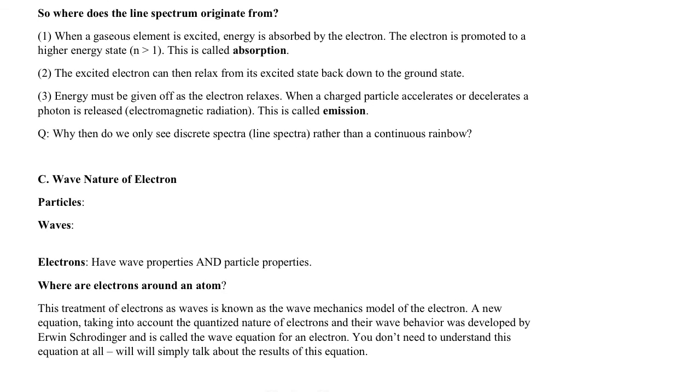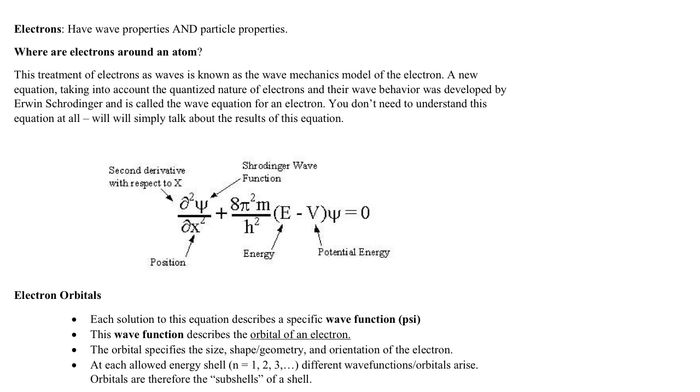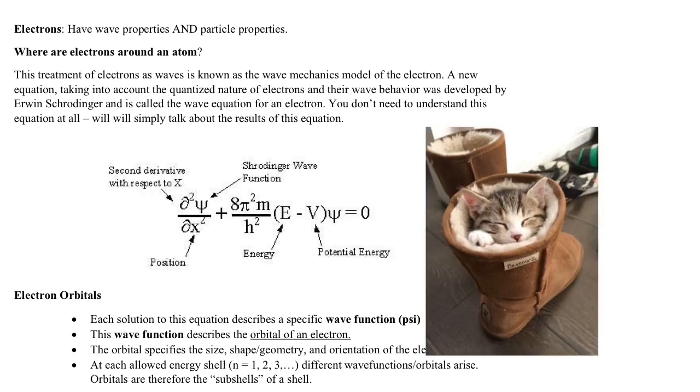And to do that, I'm going to introduce you to something called the Schrödinger wave equation the next time. Now, first off, don't worry, we're not going to be solving this equation or doing any math. But what I am going to teach you about is what this equation actually provides to us, and then we're going to use that information to do what I was just talking about. We're going to build up a picture of the electrons around different atoms.